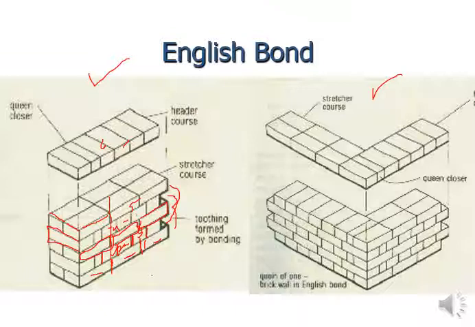If you see the plan from the top, this plan view will give you 2 stretchers, one here and a second here, to make the thickness equal to 9-inch. This complete thickness is very important. But you are not going to place another header. Why?